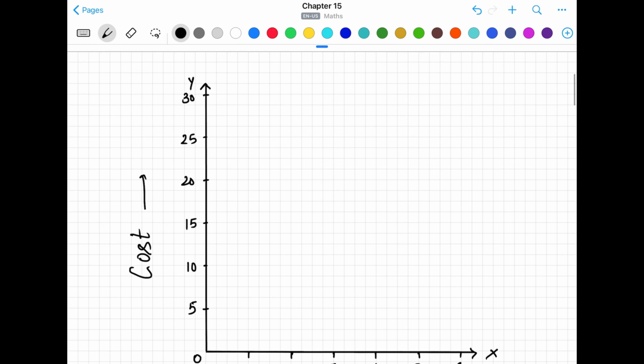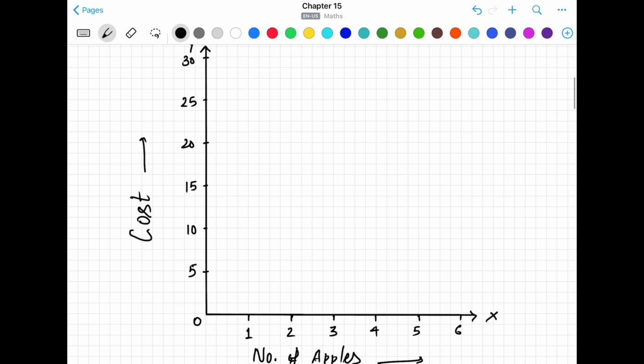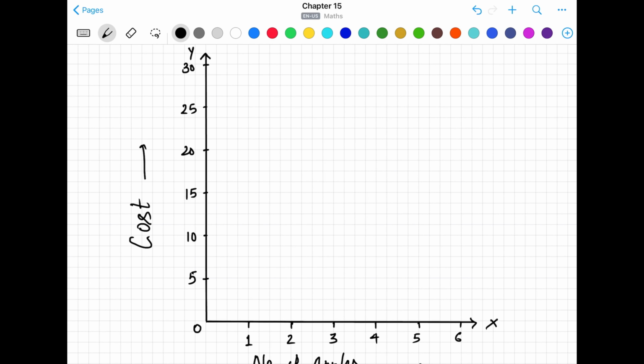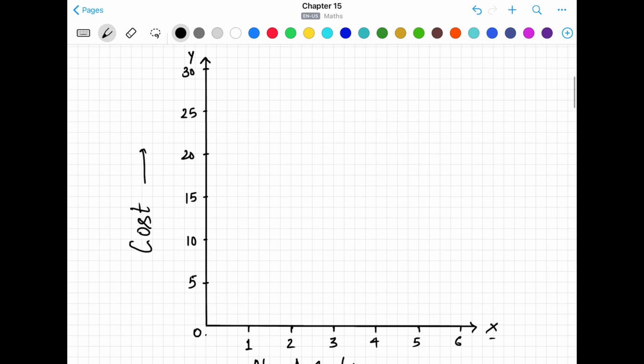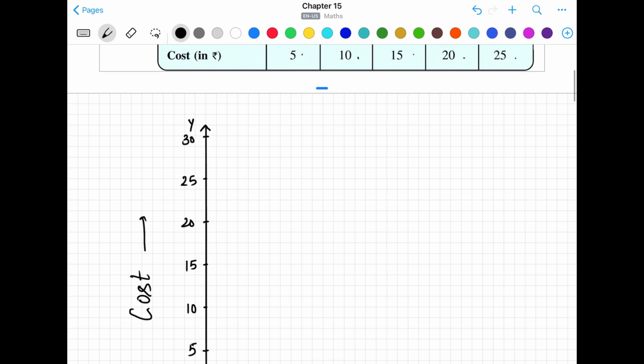I have already made the axes of this graph. I have drawn the x-axis here and the y-axis here, and this point is our origin. The x-axis represents the number of apples, and the y-axis represents the cost in rupees. So we have to write this information also.